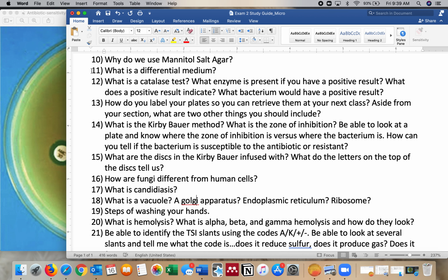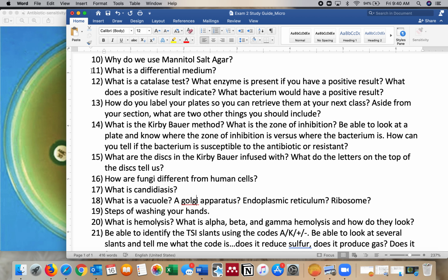Remember, we just looked at our slides yesterday of our mannitol salt agar, and I know that a lot of you had a glowing Staph aureus, and then people didn't have a glowing Staph epidermidis. The epidermidis on your plates just appeared dull, so it allowed both to grow, but morphologically you could look at them and tell that they're two different species.